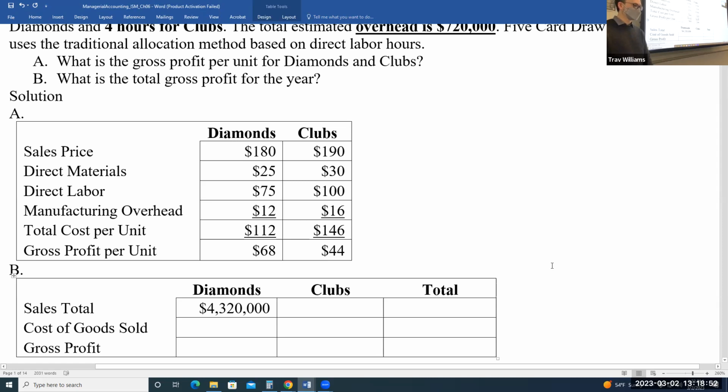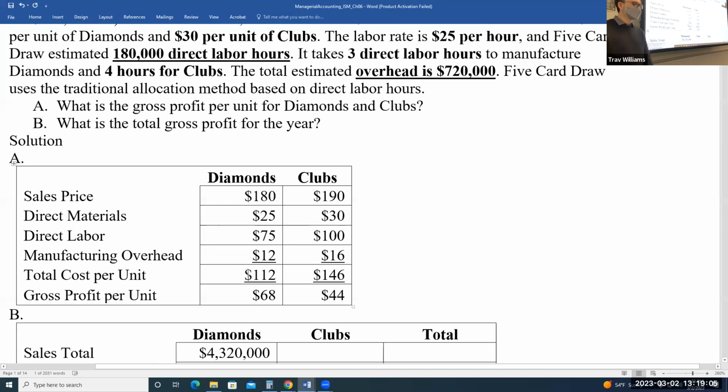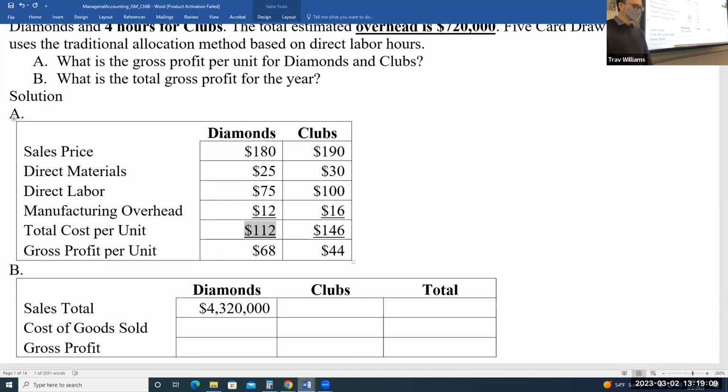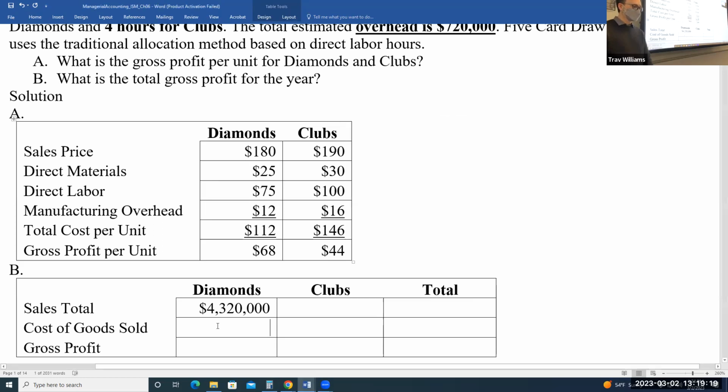Okay, well, so we take the number of units that we sold and then times the total cost per unit. That'll give us our total cost of goods sold. It was 24,000 units times $112 per unit, 2,688,000.